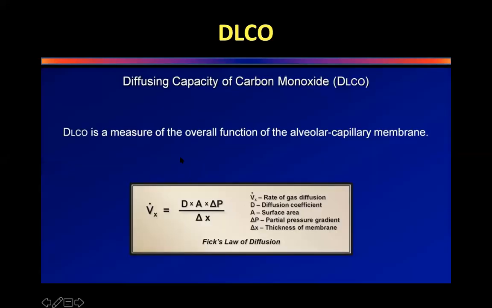So the important thing to remember is this formula, the Fick's law of diffusion, because we are looking at the diffusion capacity of the carbon monoxide. Now, if you look at this formula, we are trying to find out volume. The diffusion coefficient is already established. We know that number. We know delta P, which is the partial pressure gradient, and we know the thickness.